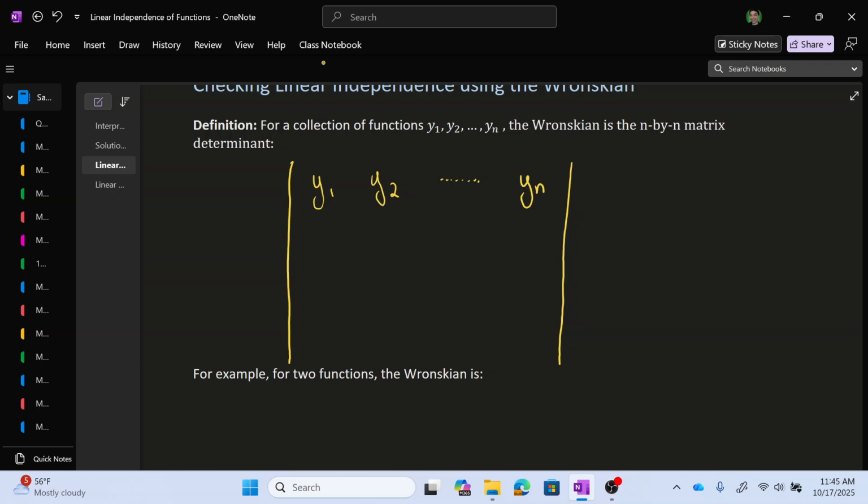The second row in the matrix is going to be filled with the derivatives of the functions in your collection. The third row is going to be filled with the second derivatives of all the functions in your collection. And you keep going row by row, taking more and more derivatives until the matrix is square.